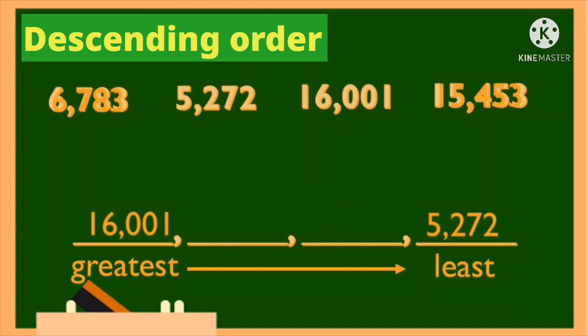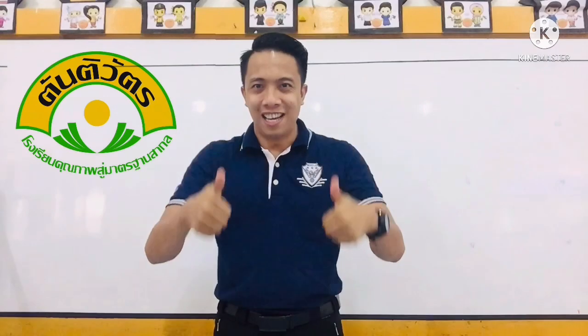How about the next number after 16,001? Okay, good job. 15,453. And of course, the last number we will just copy on the blank. Good job, everyone! Very good, everyone.